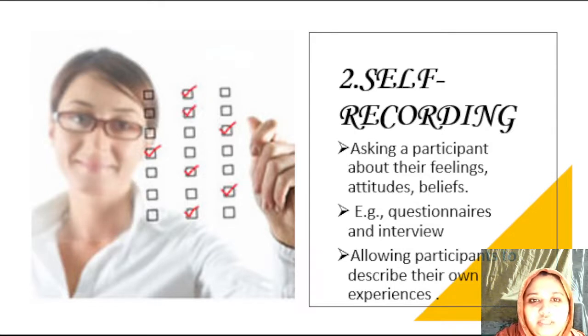Interviews can be structured, whereby there is a predetermined set of questions, or unstructured, whereby no questions are decided in advance. The main strength of self-report methods is that they allow participants to describe their own experiences rather than interfering with them by observing participants.